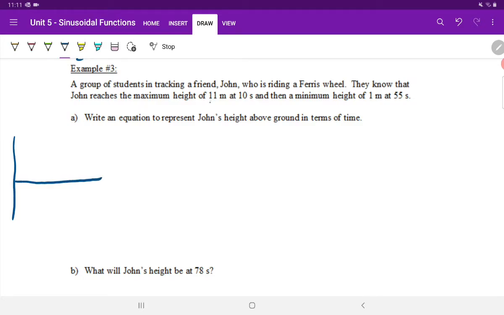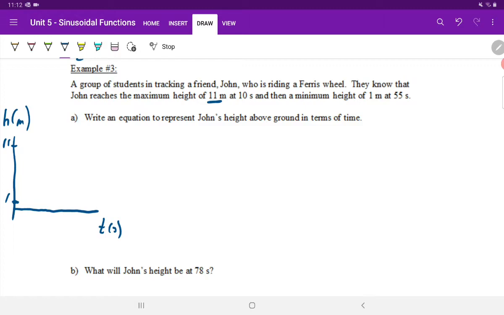They said that the max is 11, and the min, and actually, let's not draw it like this. Let's draw my x-axis down lower. So there's my 1, and there's my 11. This is my height in meters. This is my time in seconds.